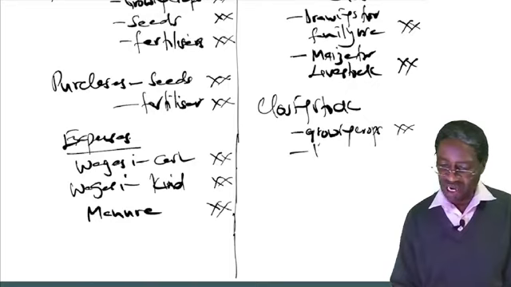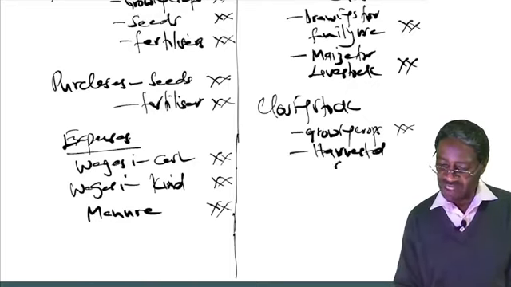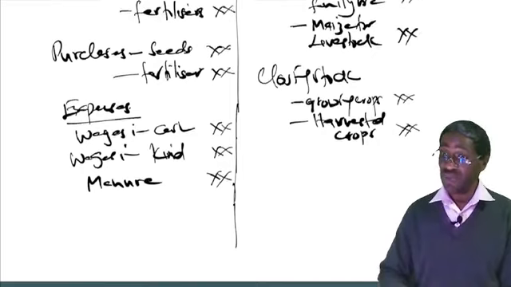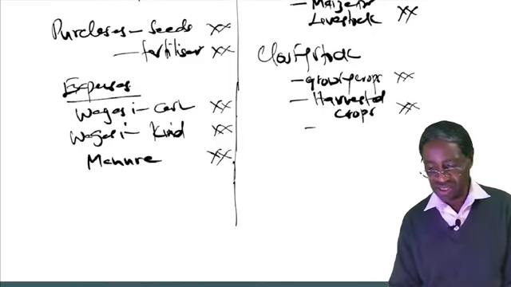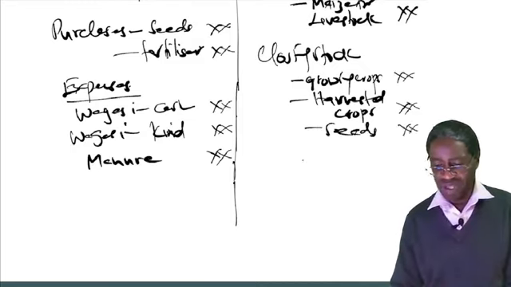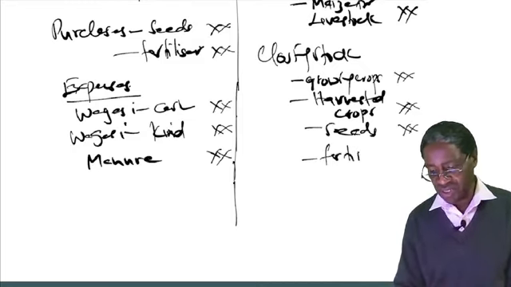Then you can have harvested crops still in the store. Maybe we still have seeds related to the crop, or fertilizers in the store.